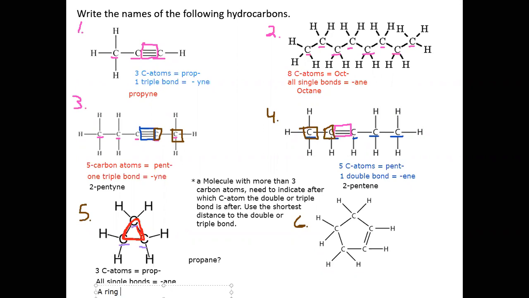So it has a ring, then we use the prefix cyclo. So this becomes not propane, but it becomes cyclopropane.